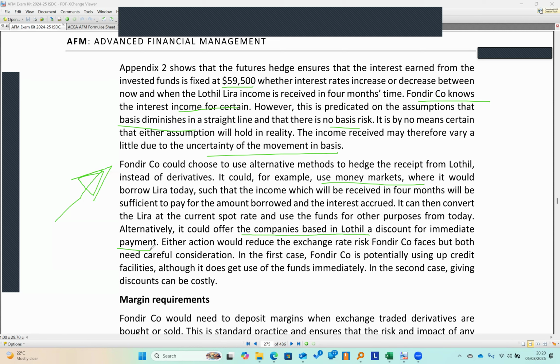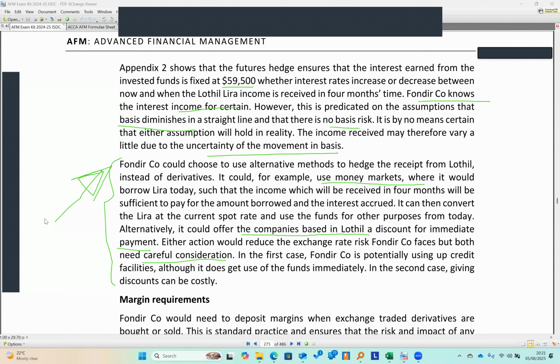So you tell them, if you pay right now, you get maybe 1% discount. So here the risk will be reduced, but also you need to consider carefully which of the two. So this is the suggestion that has been made for what else could be done instead of using those.